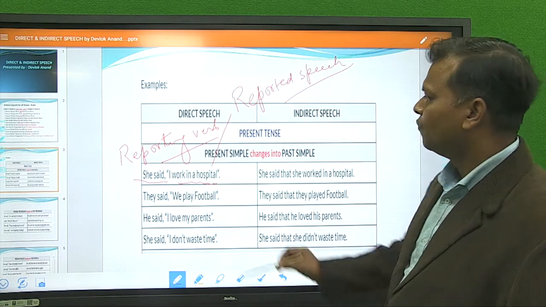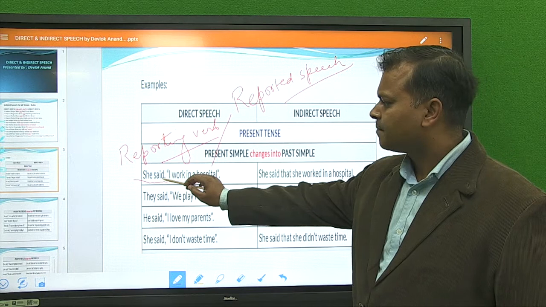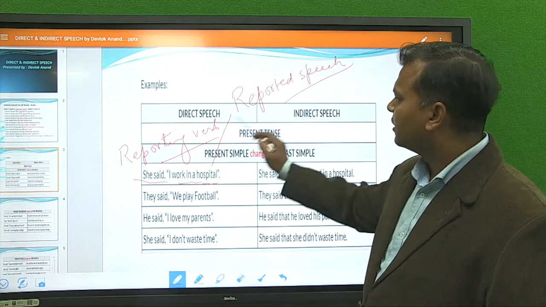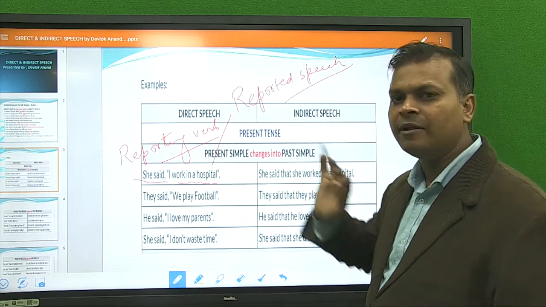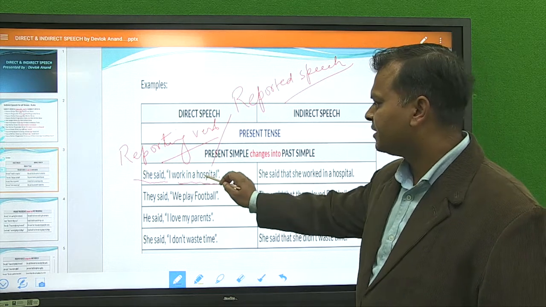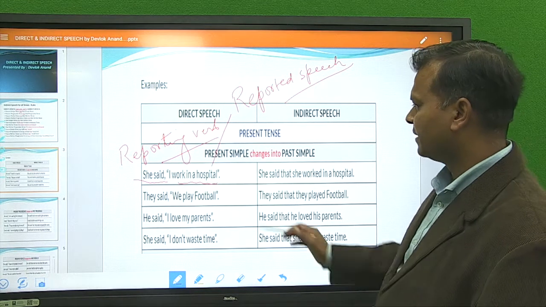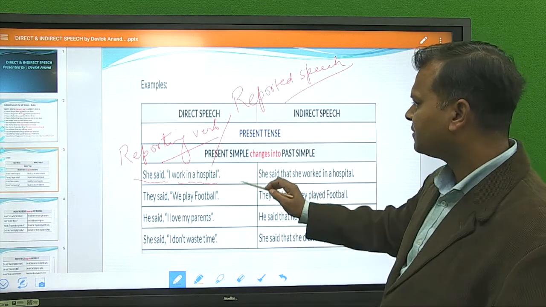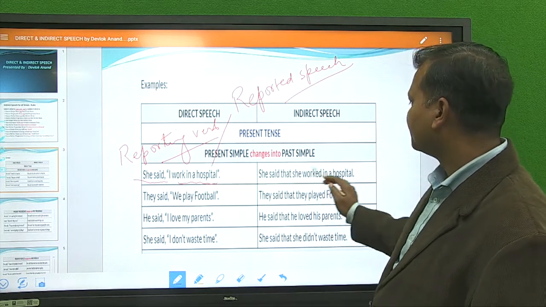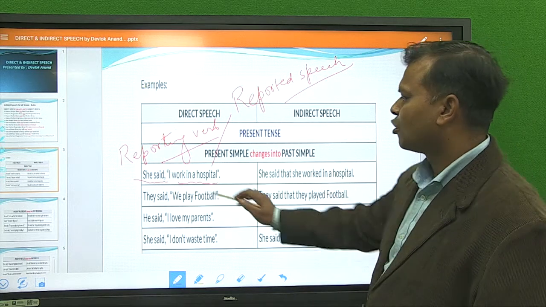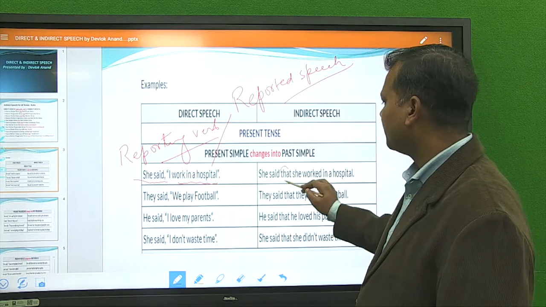When the reporting verb is in past tense, the reported speech changes according to the previous rule. It is in simple present tense, so it will change into simple past tense, right, students? As I told you in the rule, let us see here. She said that she worked in a hospital. Comma, inverted comma is replaced by that.